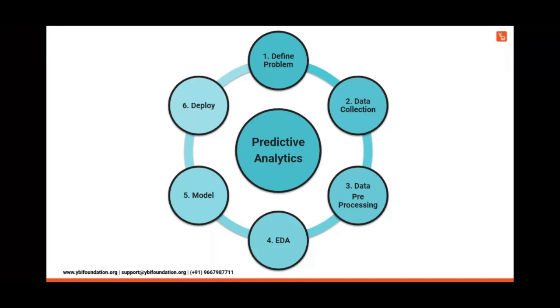Then comes the most fundamental part, which is called EDA. It is the most fundamental part, not only in predictive analytics but in most of the analytics domain. So what is the meaning of EDA? EDA is exploratory data analysis. Here we just explore.